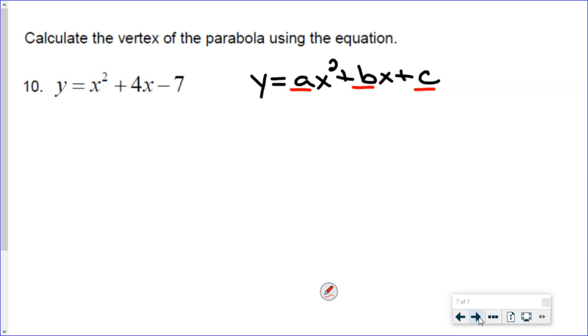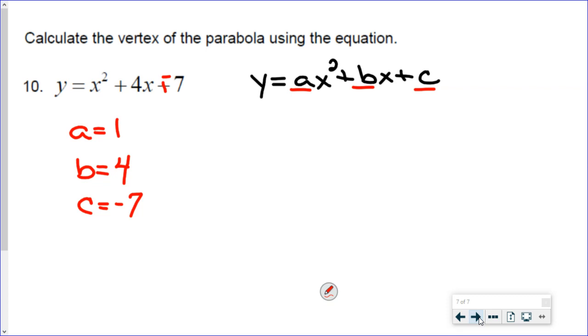So if I look here, how many x squareds do I have? How many x's do I have? And this is a -7. You always have to make them a plus, the opposite if need be.